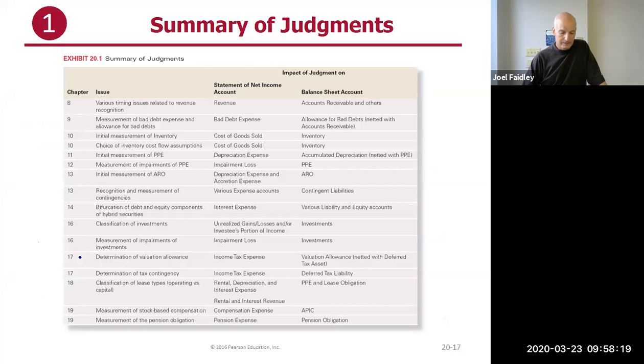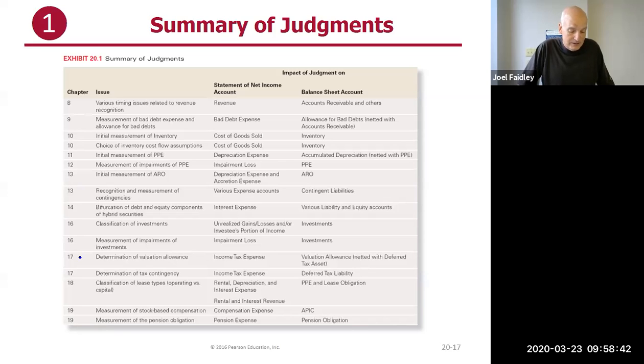Now a good summary of judgments, going back through all the different chapters we've looked at, going back to Chapter 8, issues related to revenue recognition. Chapter 9, bad debt expense, allowance for bad debts. What about Chapter 10, measurement of inventory? What about net realizable value?